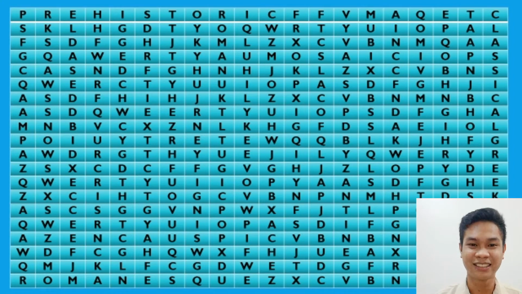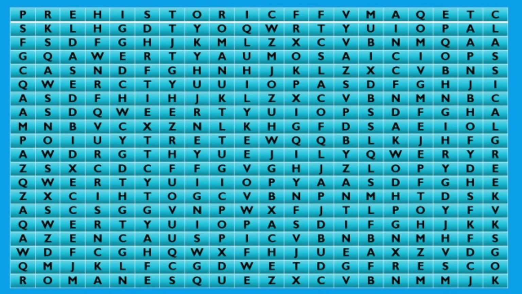Let's start. Number 1. All human existence before the emergence of writing. Number 2. To make the deceased's afterlife place pleasant. Number 3. Depict natural figures with dynamic compositions. Number 4.